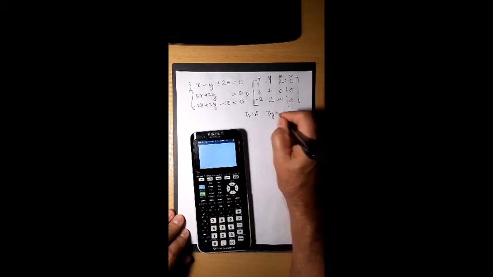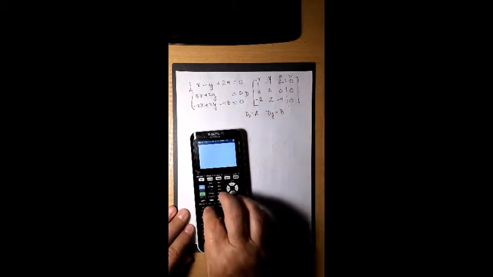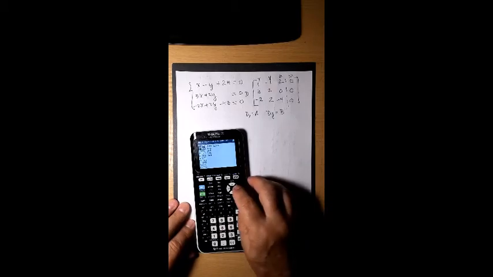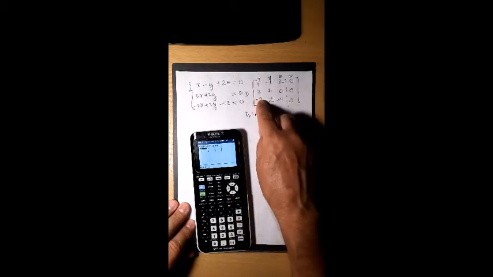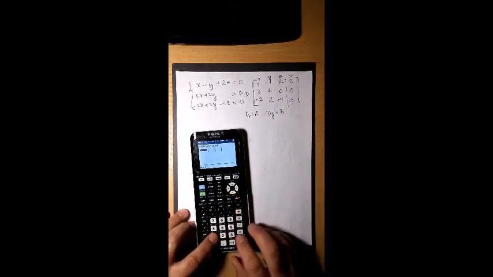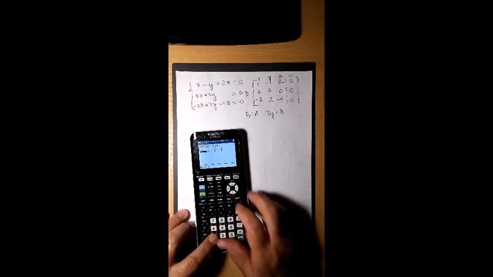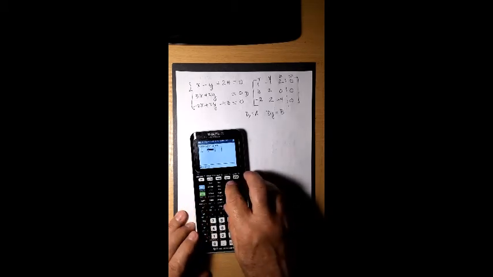Could we get out? D sub y is going to be B. Get back in. Edit B. It's a 3 by 3. Now leave the 1, 3, and the negative 2 alone. Press enter to get to the right.